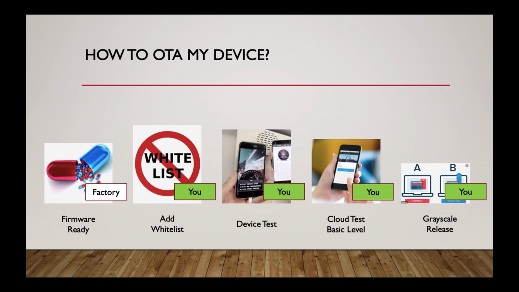One thing I need to guarantee: even if I tested and think the firmware is okay without issue, there's still risk that some problems I do not find. So I want to use the Grayscale release function just to update a certain percentage of the customers and to monitor the data of the upgrading.